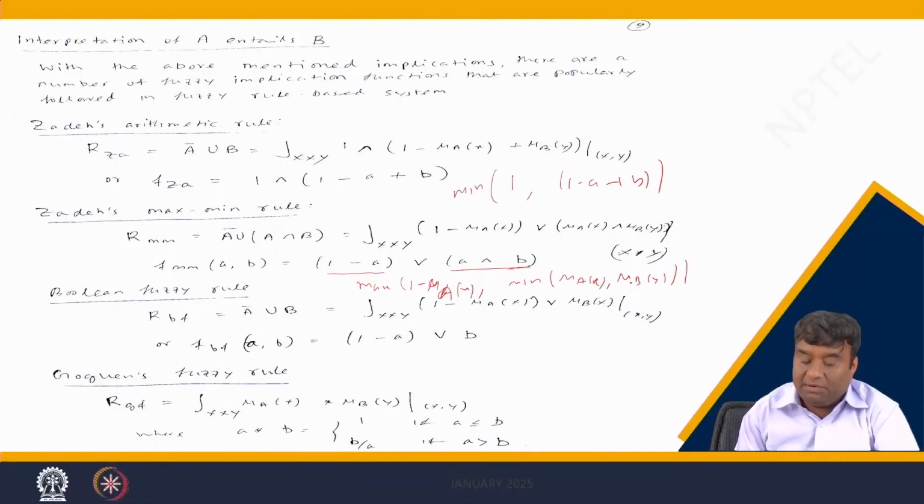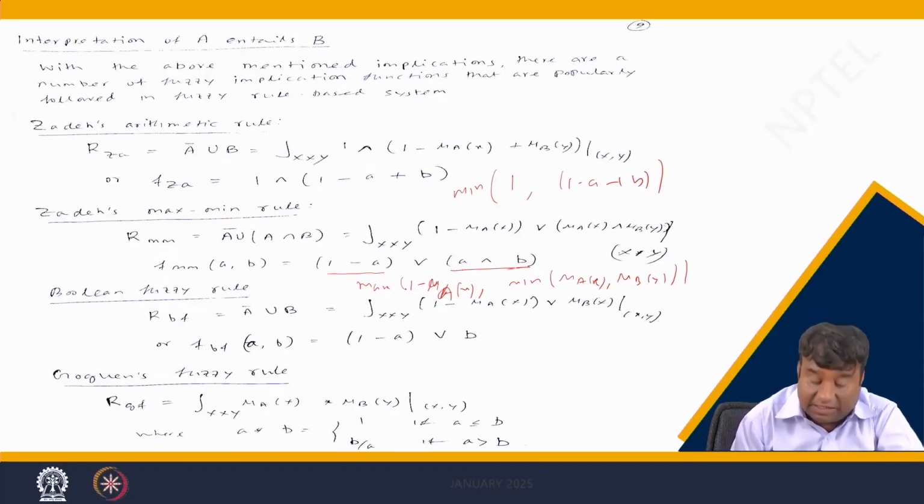So first find the minimum of mu A(x) and mu B(y), and 1 minus mu A(x), then take the maximum value. Boolean fuzzy rule R_BF(A, B) is 1 minus A or B.